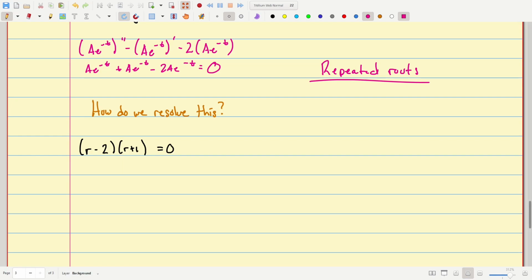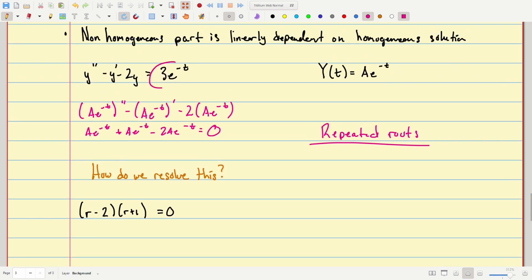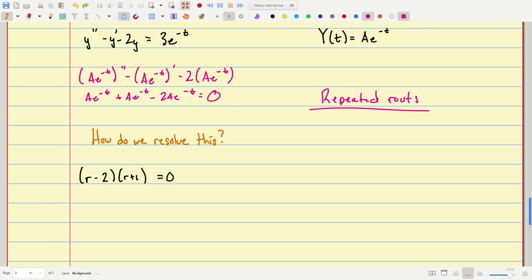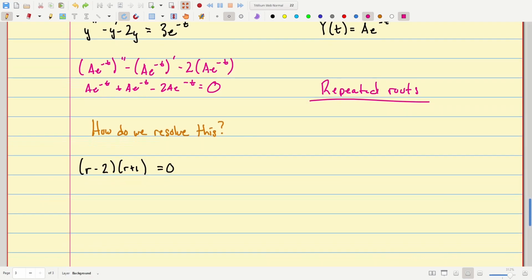So our right-hand side is one that's dependent upon this solution here. Let us set up a similar problem, except I'm going to change the R to a D here to represent derivative.